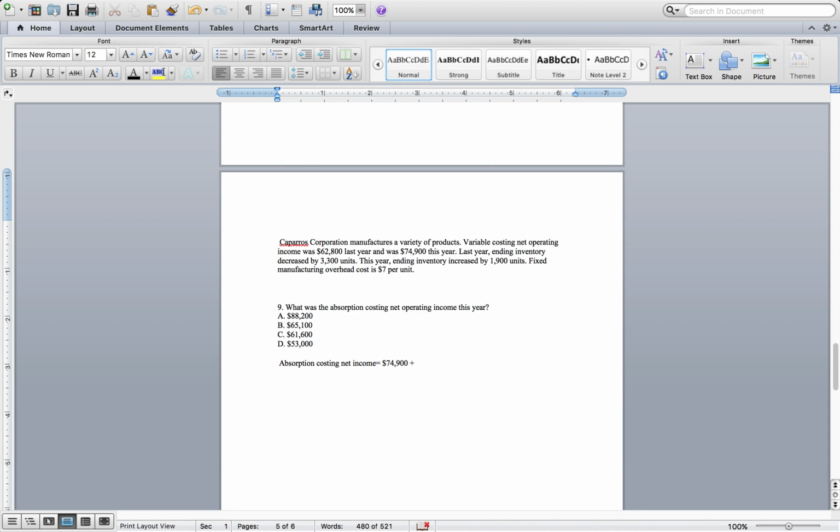It says here it's $7 per unit. So take $7 per unit and multiply by the 1,900 increase. When we do that, that'll give us $88,200, which is answer A.